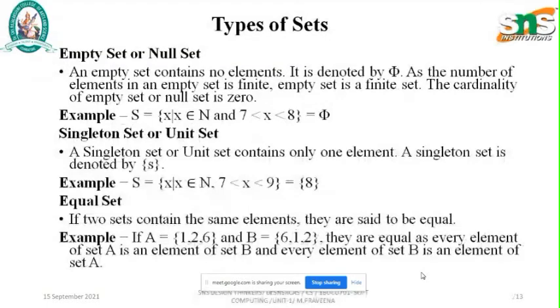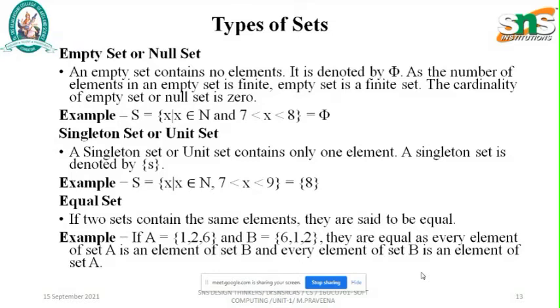Now we are going to see about the empty set or null set. As the name indicates, empty means nothing is there, isn't it? So a set with no elements, or without any element, is called an empty set, or we can also call it a null set.